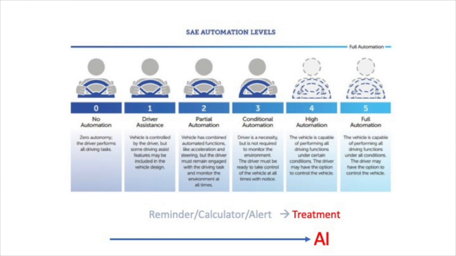Then I want to use another figure as an analogy for why regulation is becoming more and more important: autopiloting. You can see this is level zero, the traditional driver. We just drive the car on our own. Then at level one, we probably use some GPS.